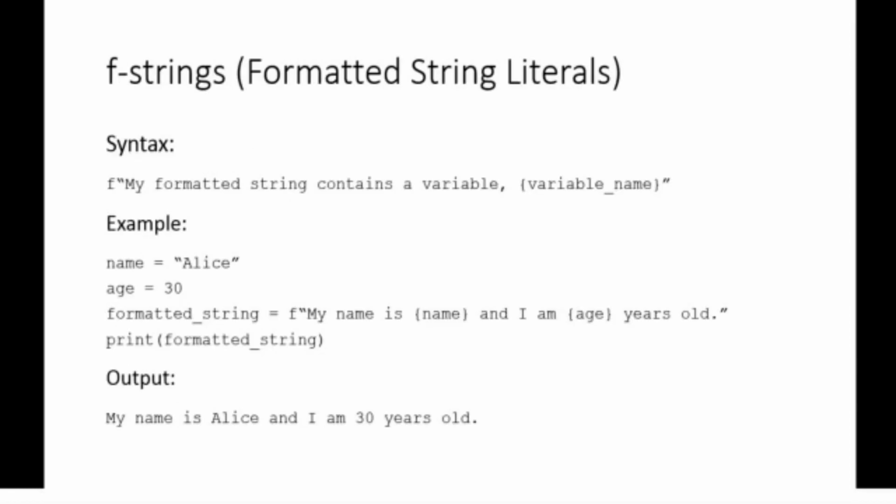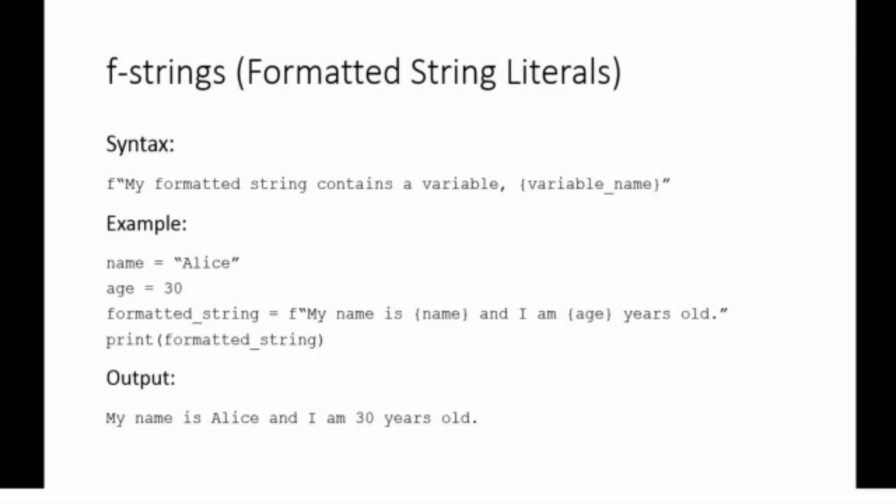F-strings were introduced in Python 3.6 to provide a concise way to embed variables and expressions within strings. It takes the following syntax, where variable name is an actual reference of a variable enclosed within curly braces.